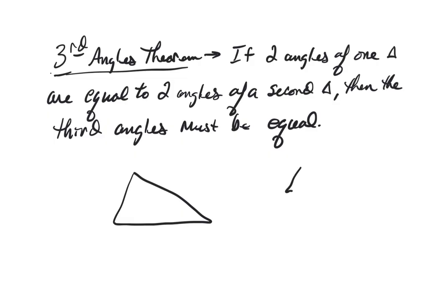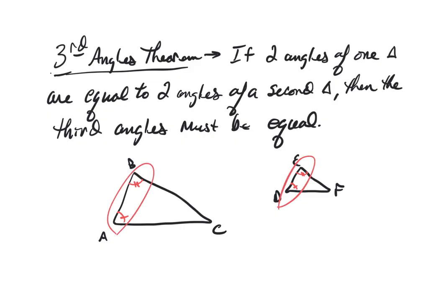two triangles, calling this one ABC, calling this one DEF, and if I told you that angle A and angle D are equal, if I told you angle B and angle E are equal, since we have two angles of one triangle equaling two angles of a second triangle, then what you can deduce, what you can figure out, is that the third angle from one triangle must be equal to the third angle for the other triangle.